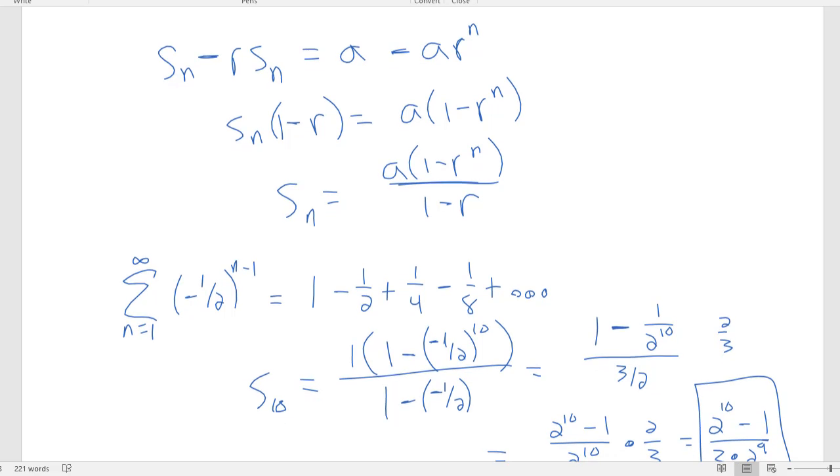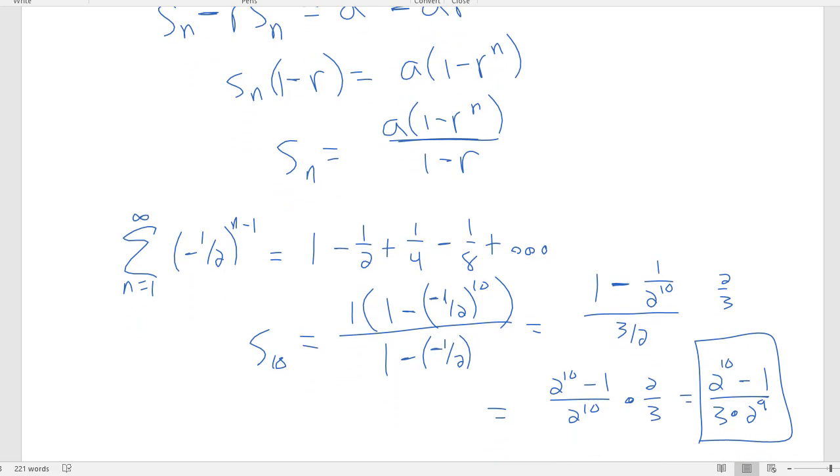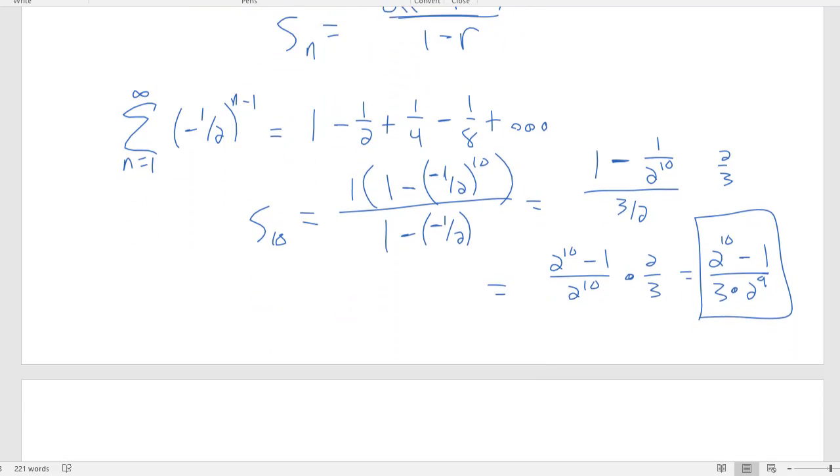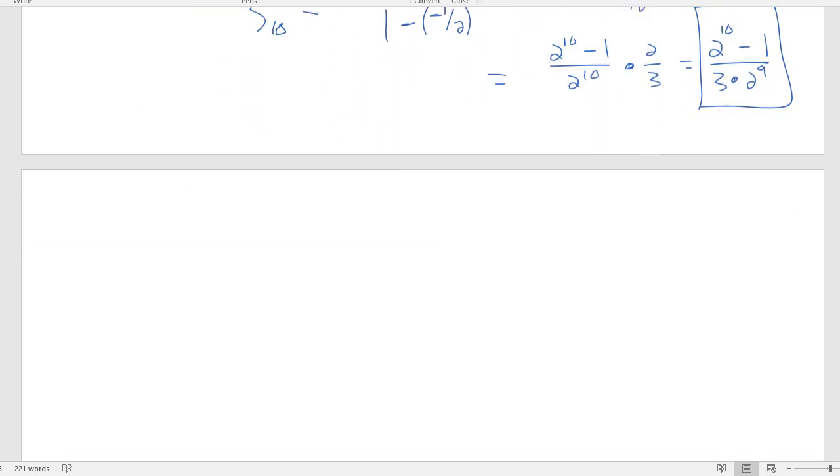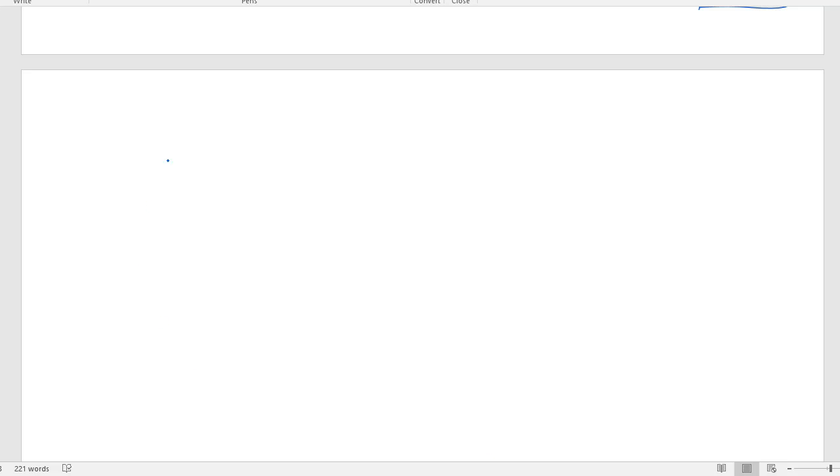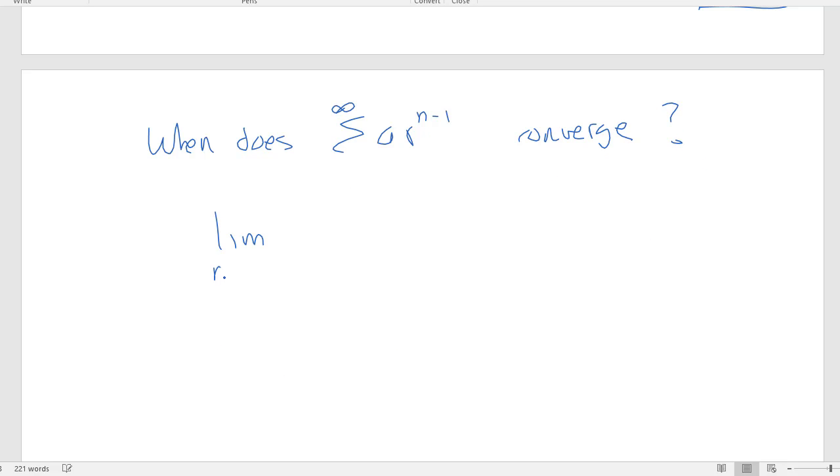All right, so let's come down here and take a look at the limit of that nth partial sum. So when does the series converge? When does a r to the n minus 1 converge? So we're looking at the limit as n goes to infinity of that partial sum.